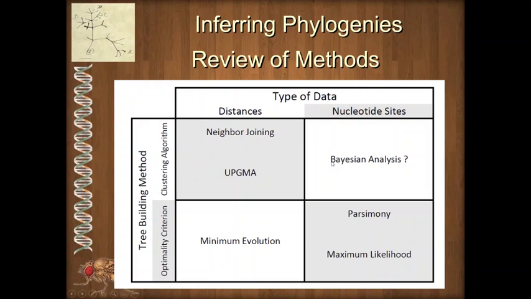So in reality, a Bayesian analysis is optimizing our model of evolution and our parameters for that model of evolution, and then allowing that to inform our overall outcome. So maybe a better place for Bayesian analysis is in the gray area between these two things, because we're not really finding the best tree based on a single optimality criteria.